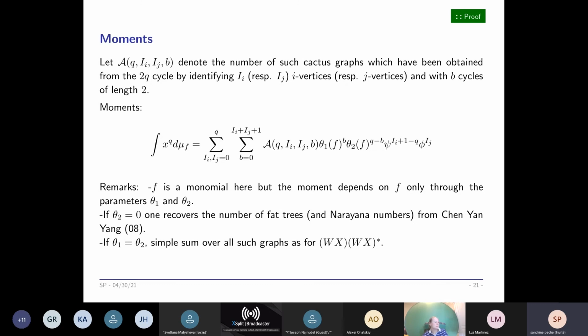I'm speaking about the black graph, and in this case, one recovers the number of fat trees. Okay, and if theta 1 is equal to theta 2, this is simply a sum with the same weight on all the cactus graphs, disregarding the difference between long cycles and cycles of length 2.